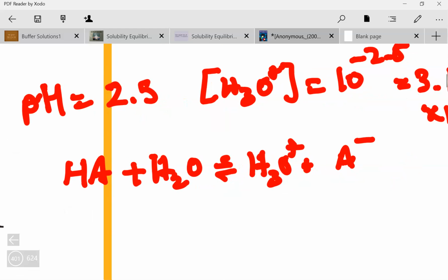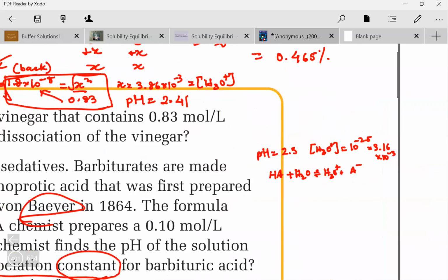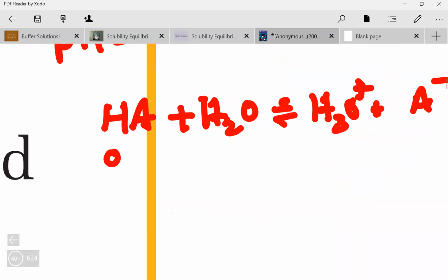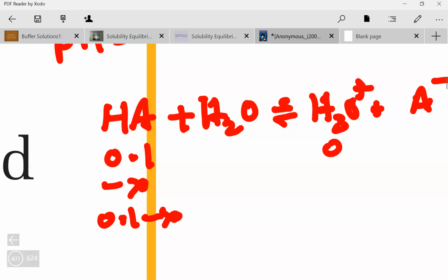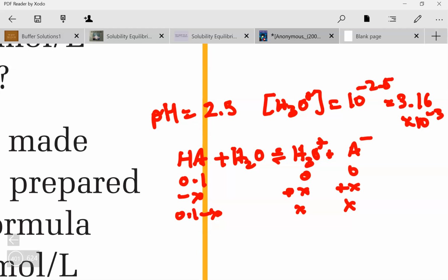I can put my ICE table in, but I know the initial concentration is 0.1 of barbiturate, or HA: 0.1 minus X, 0, 0, plus X, X, X. But I know X is H3O plus, and H3O plus is 3.16 times 10 to the power of negative 3. So this is also 3.16 times 10 to the power of negative 3.